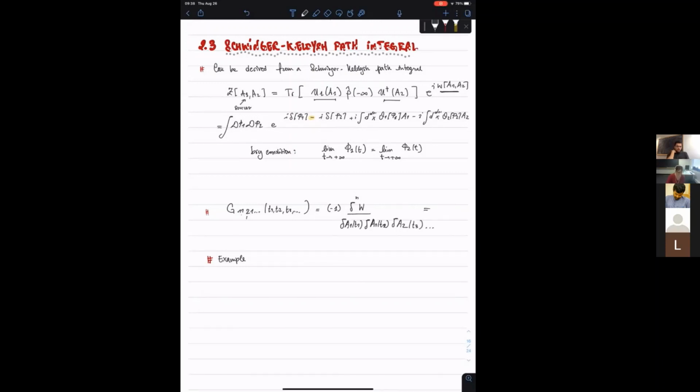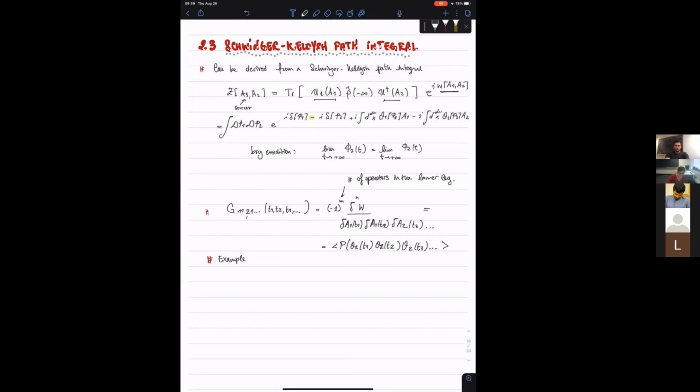And this is precisely the path-ordered correlator: O1 at T1, O2 at T2, O3 at T3, etc. And this is multiplied by (-1) to the power of m, where m is the number of operators in the lower leg.